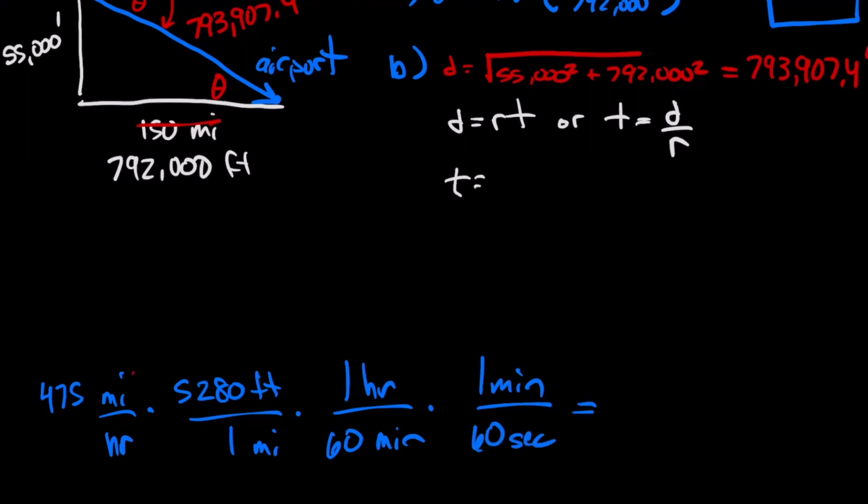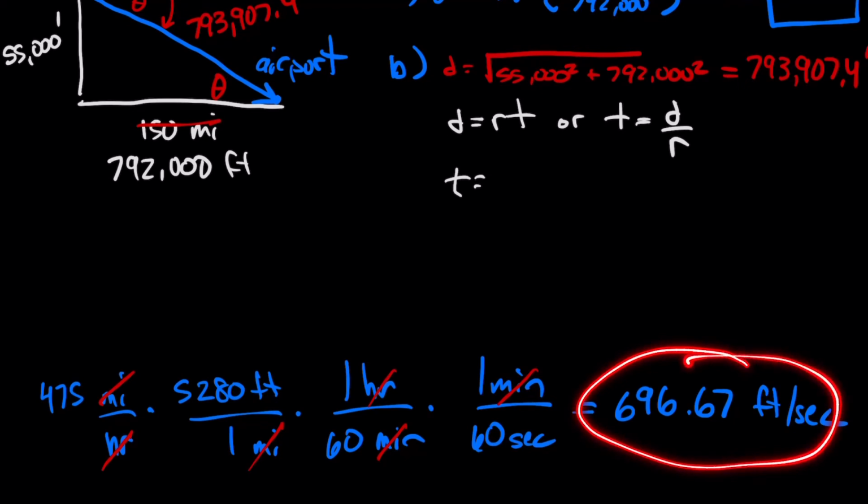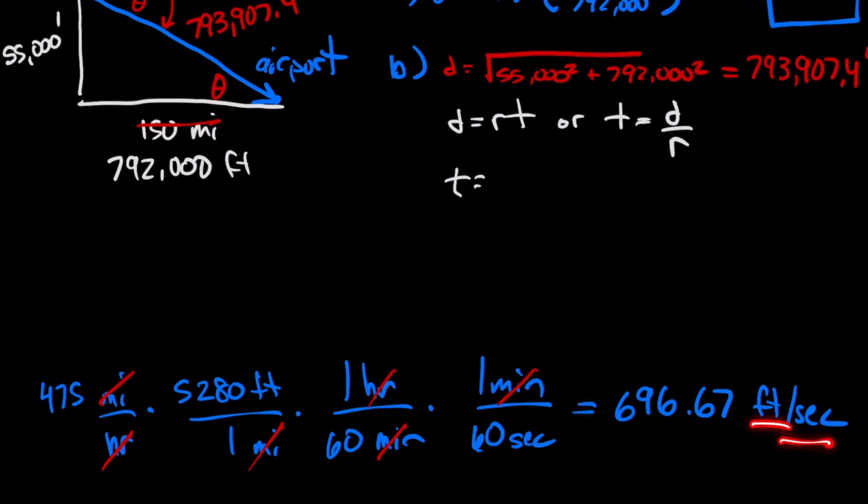Let's double check: miles cancel, hours cancel, minutes cancel. What are we left with? Feet per second. You throw all that into your calculator. I got 696.67 feet per second.